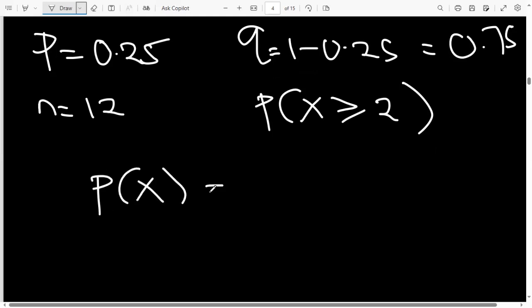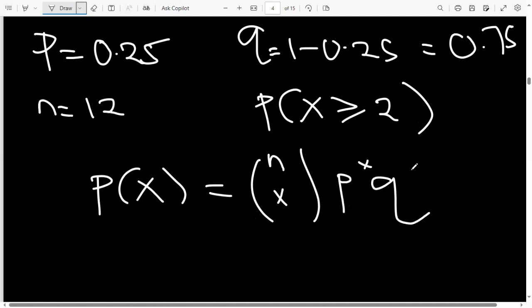The probability of X is equal to the number of trials combined X, and then the success P, which will be raised to the X that you have here. And then you have the Q, which will be raised to N minus X. So we are going to be using this formula.